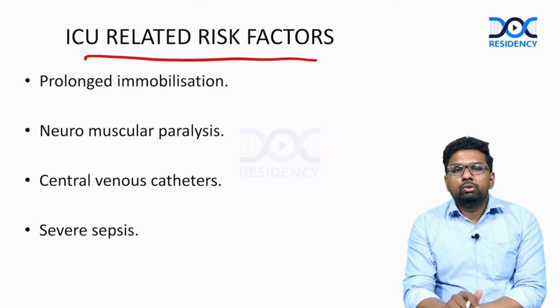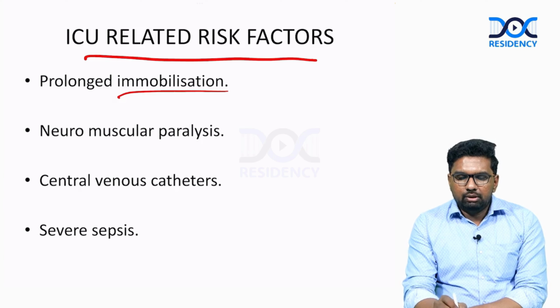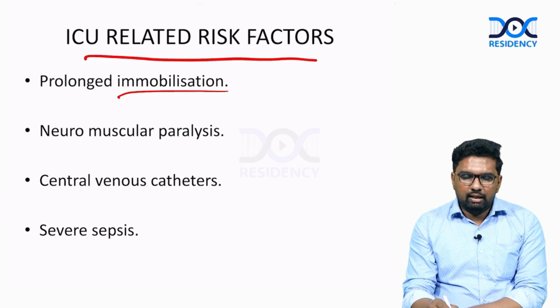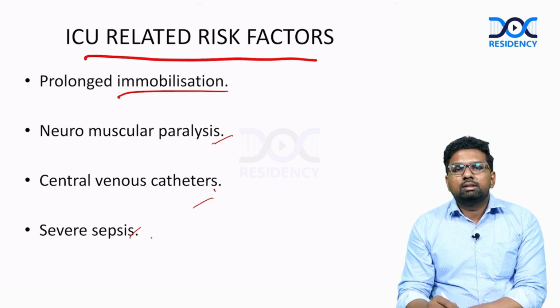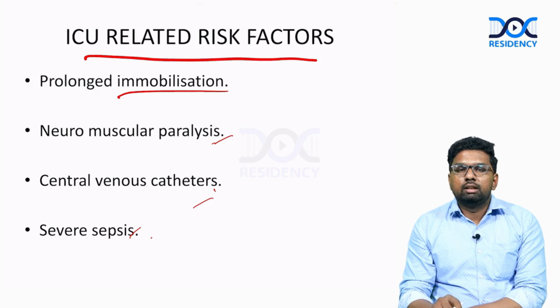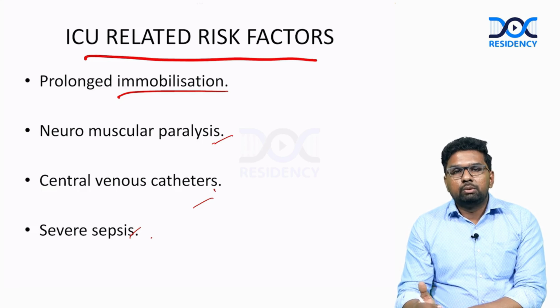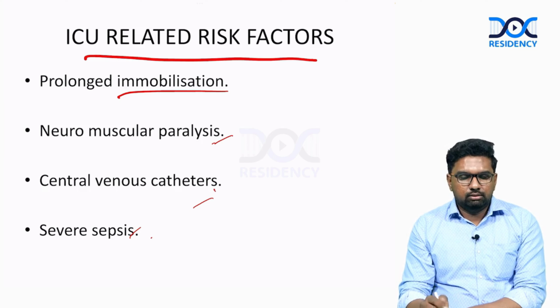The ICU related risk factors are prolonged immobilization, neuromuscular paralysis, and central venous catheterization, and of course, severe sepsis. Severe sepsis can cause septic foci, septic emboli. Central venous catheter is a foreign body inside the central vein. It can extend up to the right atrium even. Of course, neuromuscular paralysis and prolonged immobilization can cause DVT.